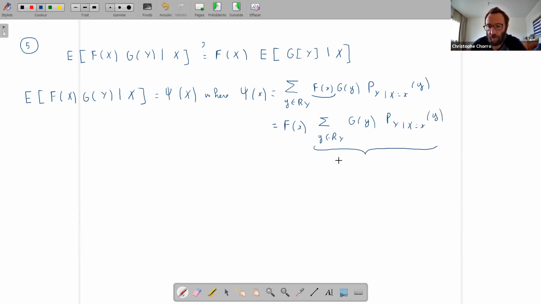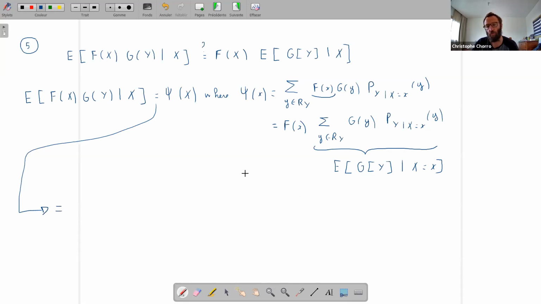This sum here is none other than the one I have defined as the conditional expectation of j(y) given capital X equal to small x. So now, if I want to compute this one, I have just to plug capital X here. And if I plug capital X inside, I obtain f of capital X multiplied by the conditional expectation of j(y) given capital X. And I have my result here.